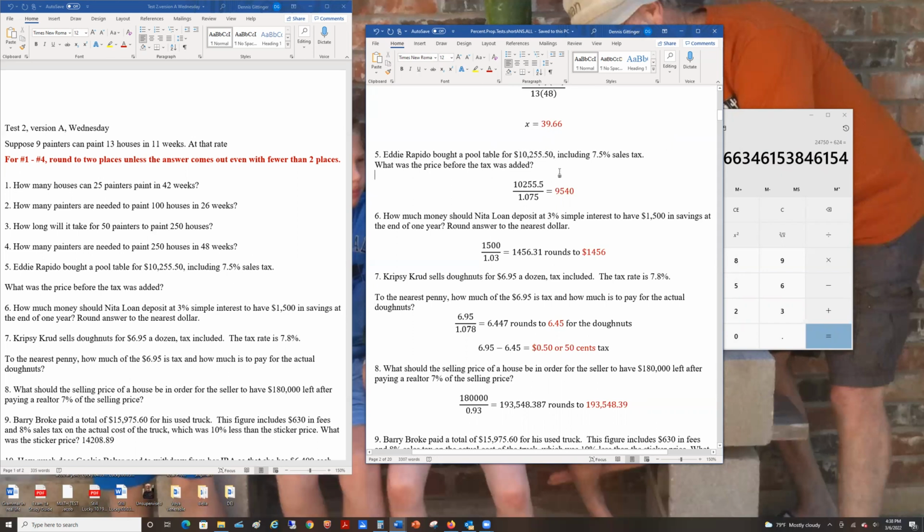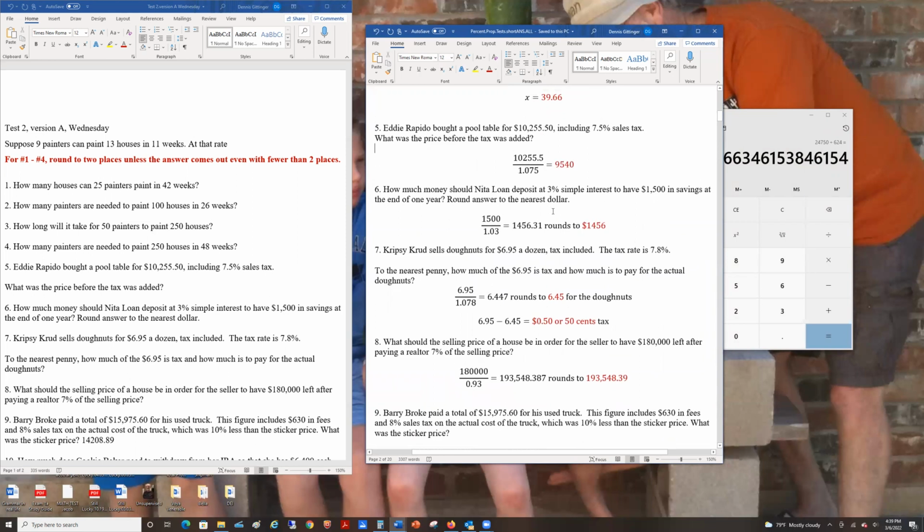So you have to realize that $10,255.50 is some number plus 7.5% of that number, which is the same thing as 107.5%. As a decimal, that's 1.075. So the total price is 107.5%. So you divide the total price by 1.075 and you get 9,540.